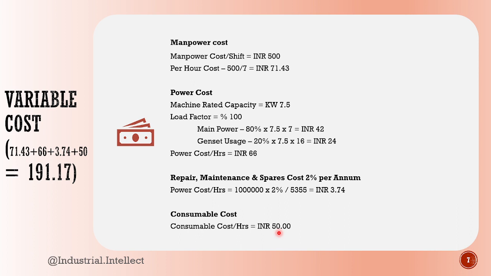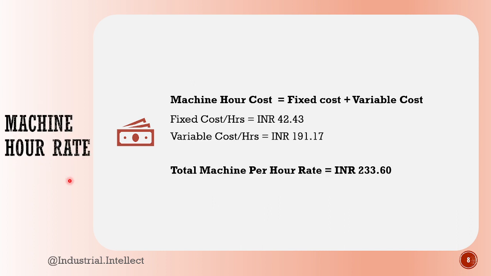So considering that, the total variable cost will be 71.43 plus 66 plus 3.74 plus 50, which is 191.17, the variable cost per hour.